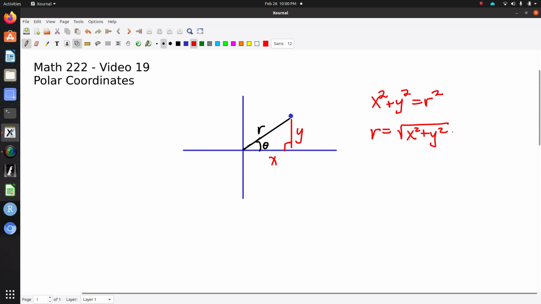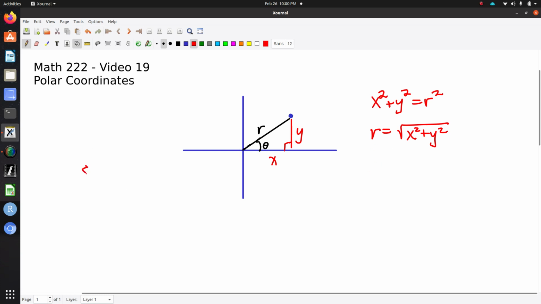Okay, now let's figure out how we would find theta now. What would theta be? So what do we know about x, y, and r? Theta is angle whose something is something, right? So what do we know?